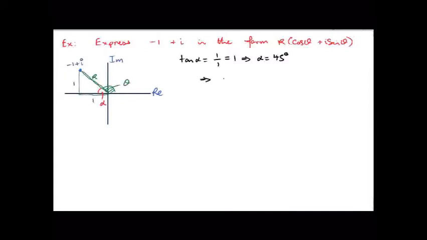Now what's the relationship between theta and alpha? Theta is going to be 180 minus 45, which is 135 degrees. Now, isn't that simple? As a matter of interest, I didn't ask it, but what's arg z?